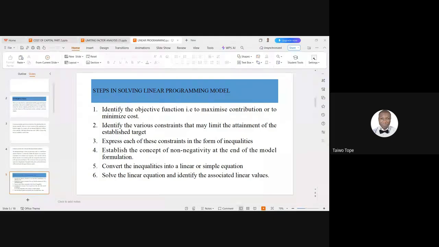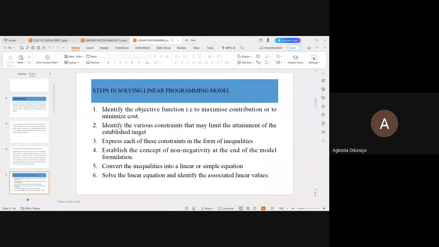Once you identify the various constraints, the next thing you have to do is to express each of these constraints in the form of inequalities. Now, when we talk about inequalities, what are those things we have to see in an inequality? Can I get a response?